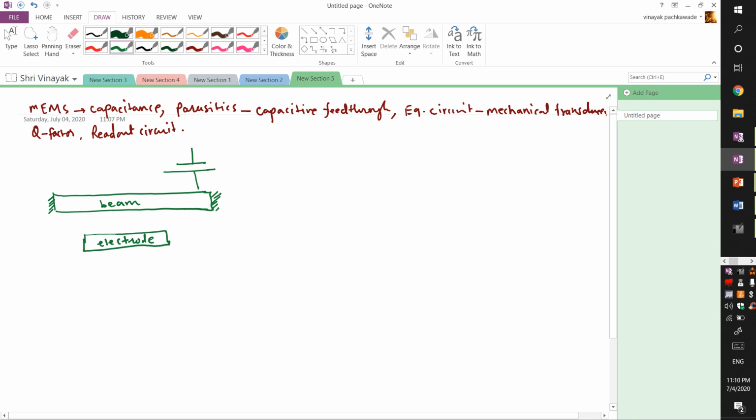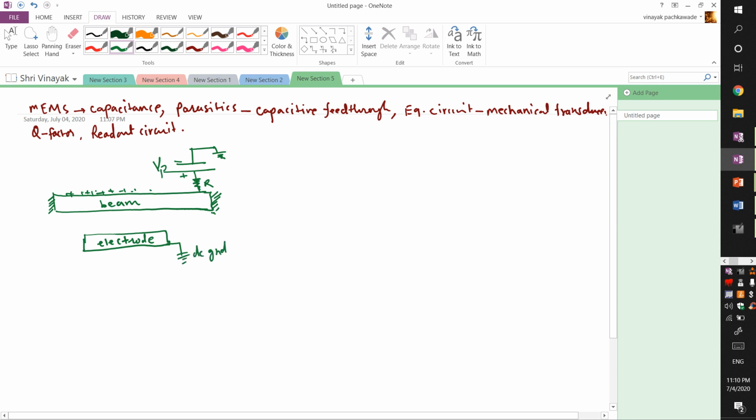This is a resistor R, and we call it VP, which is used to polarize this capacitor, this beam with respect to ground. All right, and this is at DC ground.